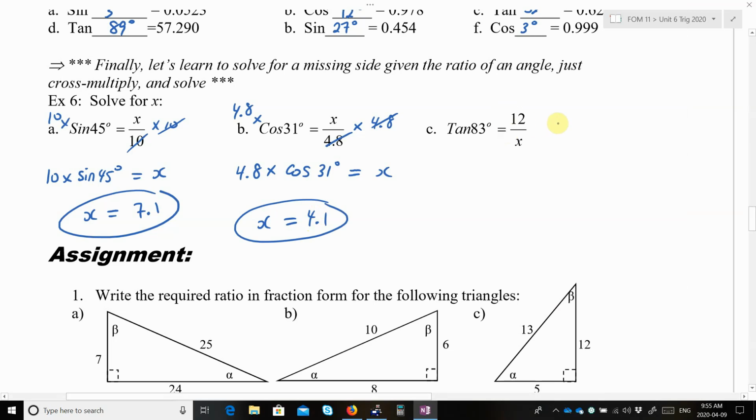And the last one is a little bit different. This time it's 12 divided by x equals 1083. So we have to multiply both sides by x first of all, and that gives us x times 1083 equals, x divided by x is just 1, so that equals 12. You notice that x is not by itself yet, it's being multiplied by 1083 now, so you have to divide both sides by 1083.